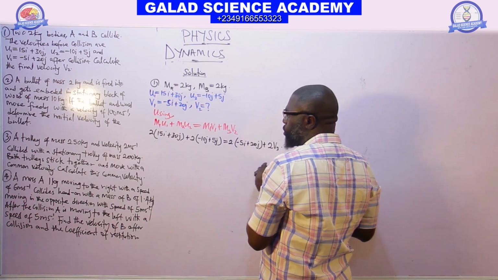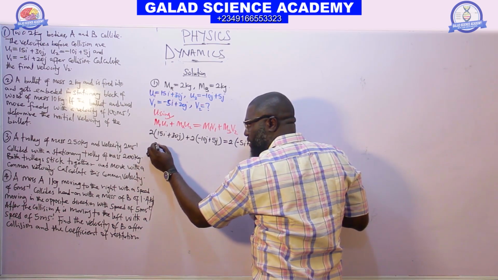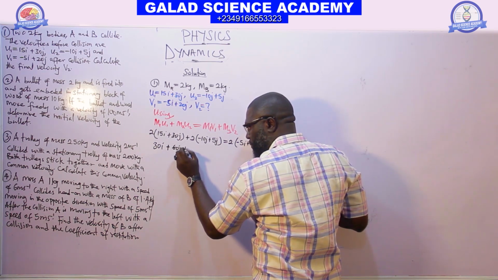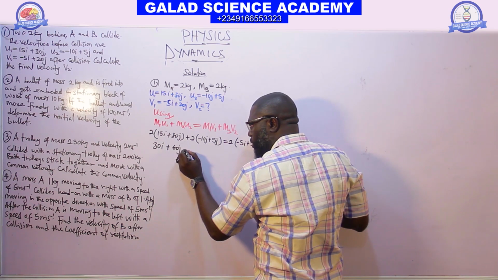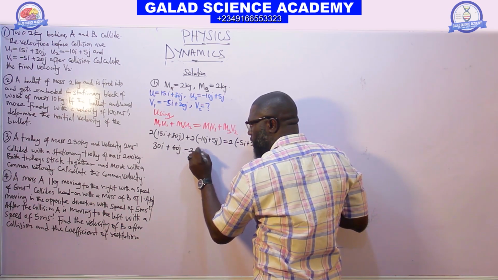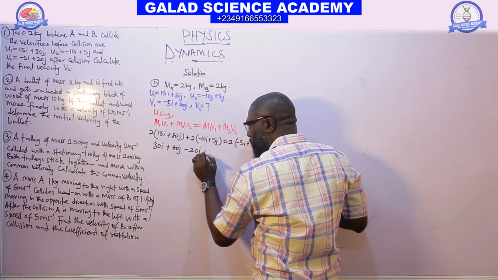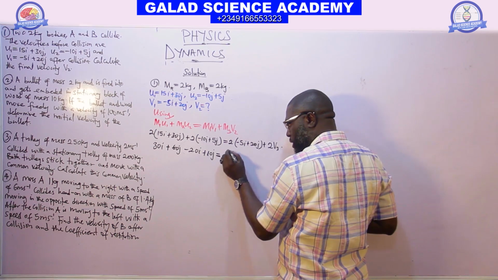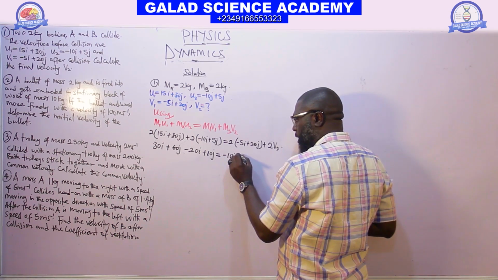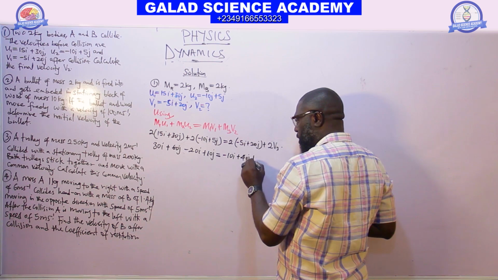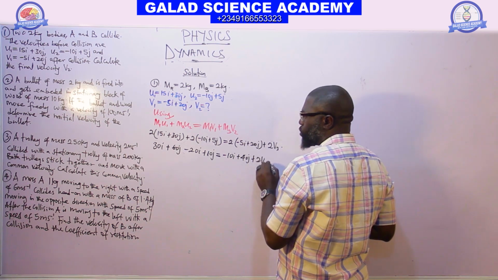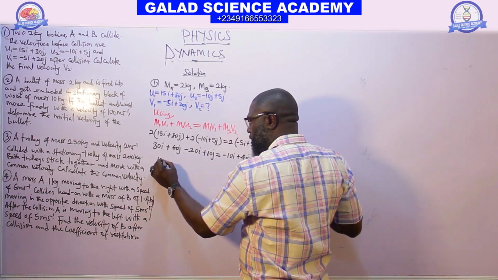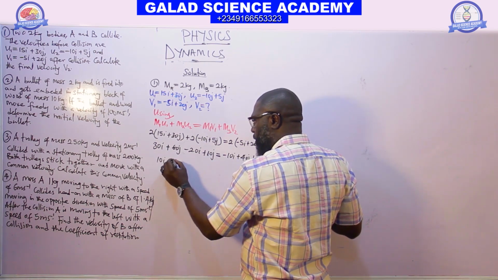2v2. Good. 2 times this, we have 30i plus 60j minus 20i plus 10j equal to minus 10i plus 40j plus 2v2. This gives us 10i plus 70j.